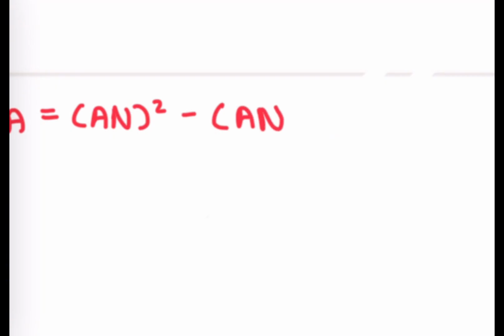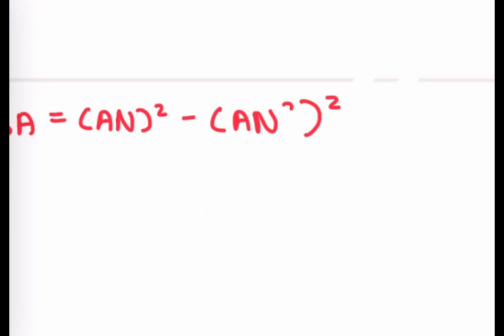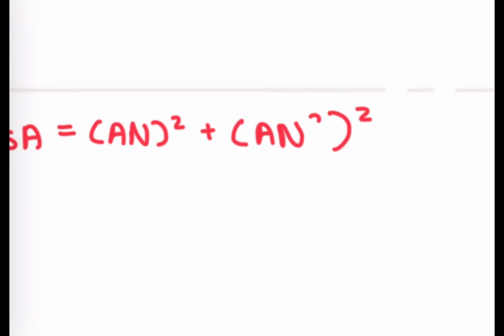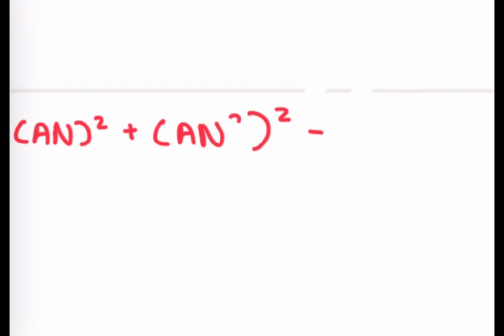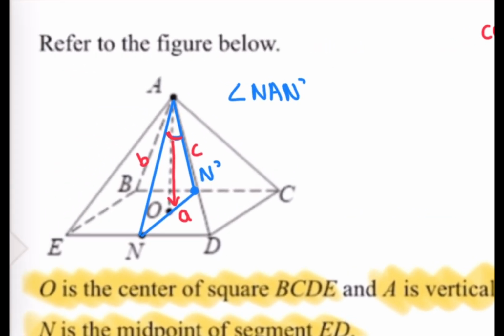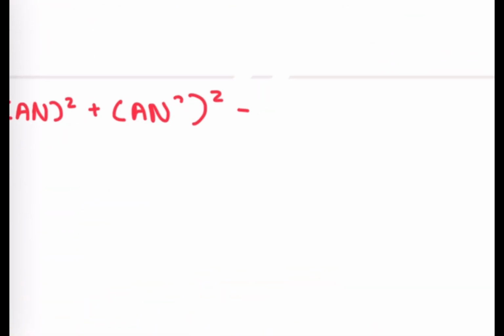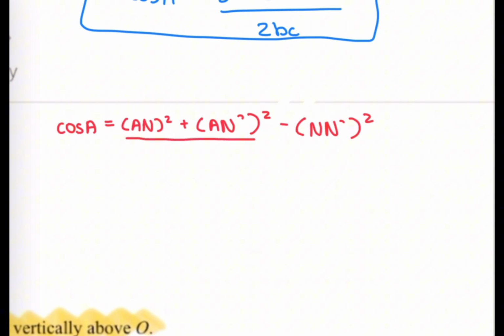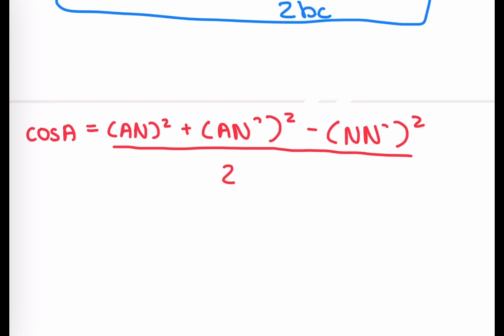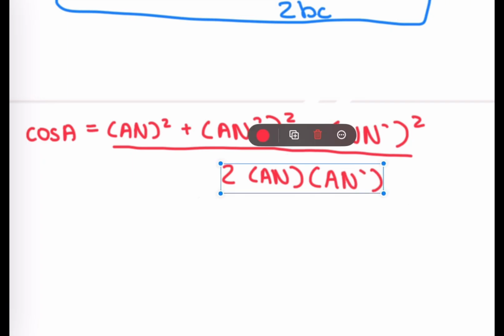Sorry, this is a plus. And then we're going to subtract A squared, and A is NN prime, squared. Now we're going to divide all of this by 2bc, where b is AN, and c is AN prime.